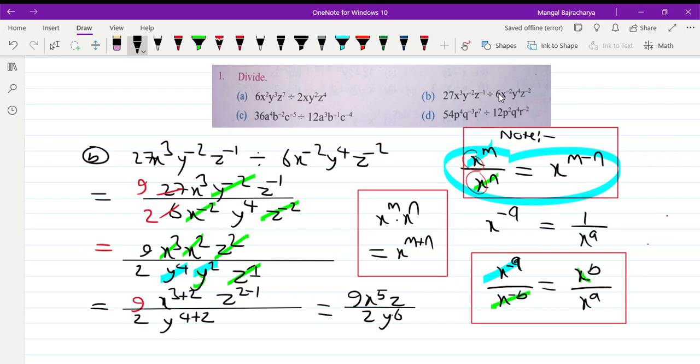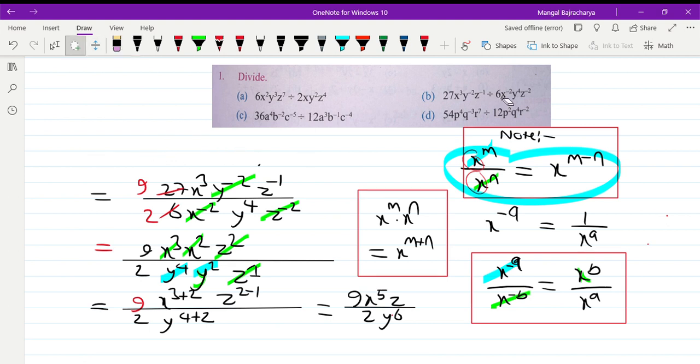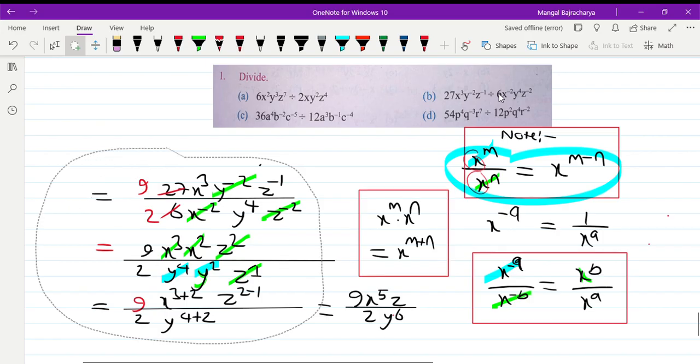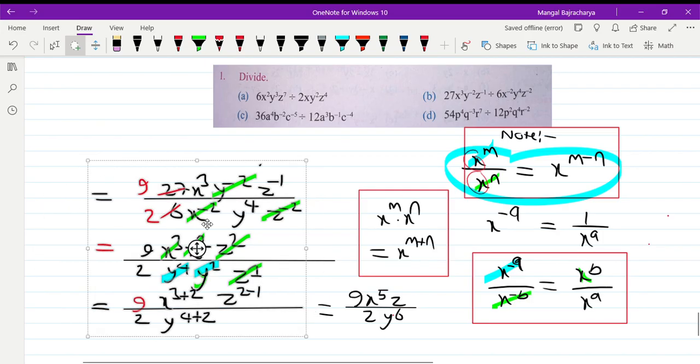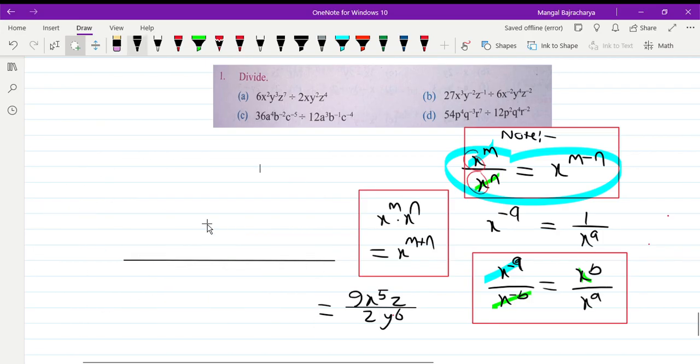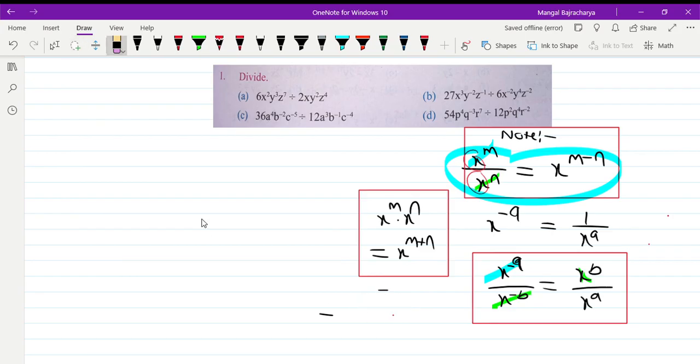And now we move on to number C. For this I erase this. Okay, number C now.